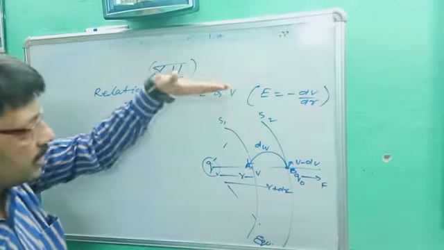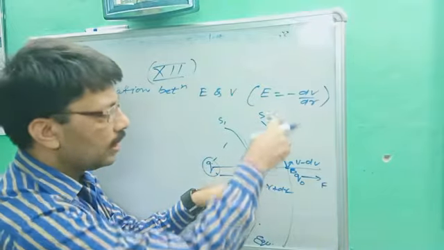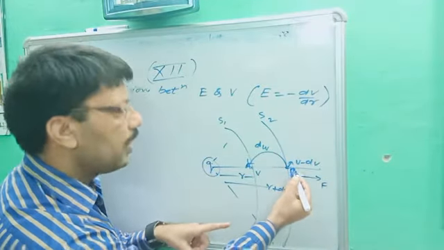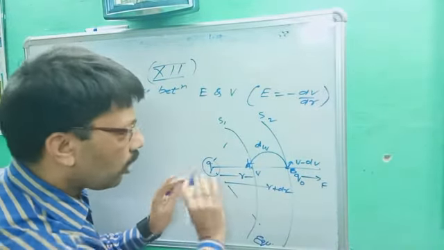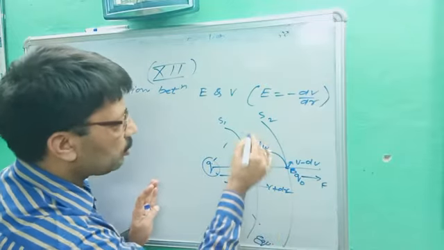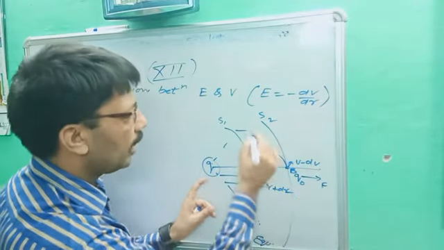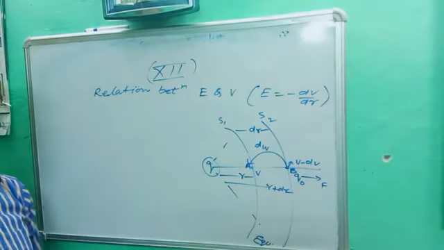We are assuming two surfaces S1 and S2. The potential at S1 is V, the potential at S2 is V minus dV. It is a repulsive force, and the displacement between the two surfaces is dr.